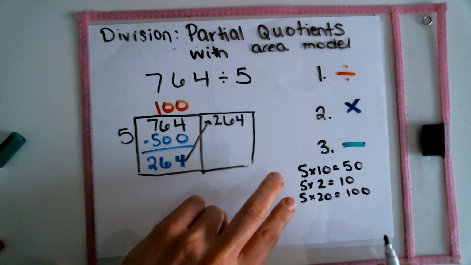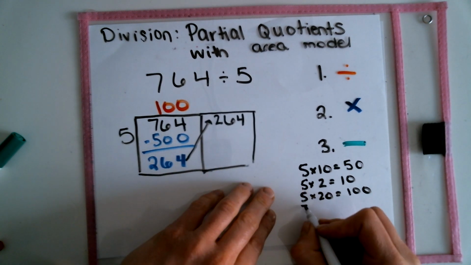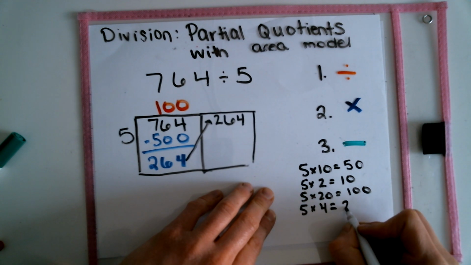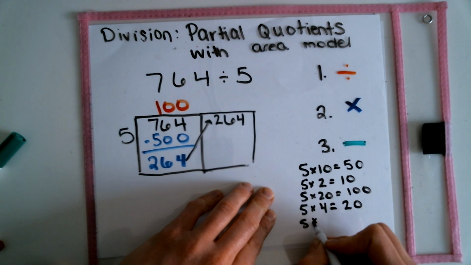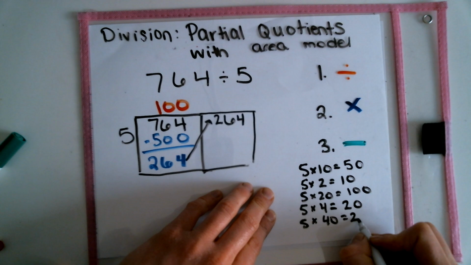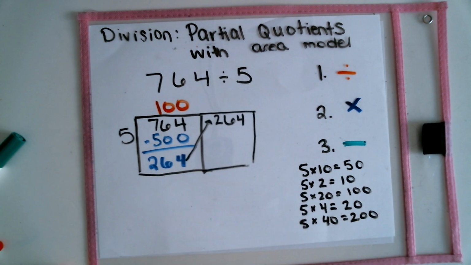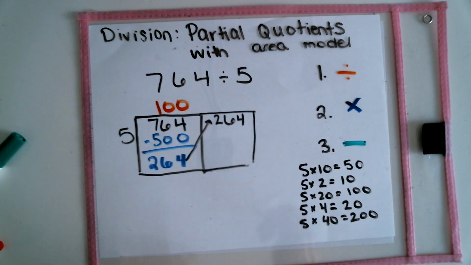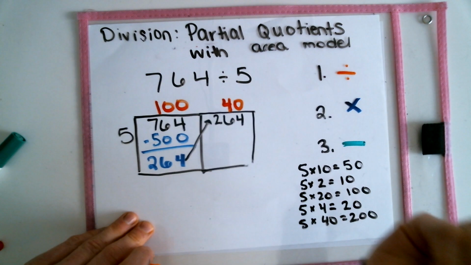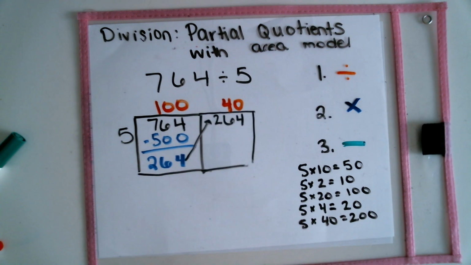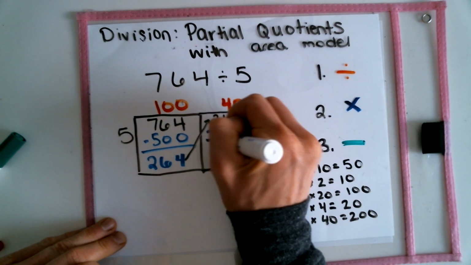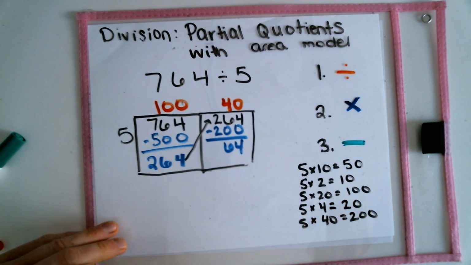If I do 5, 10, 15, 20, 5 times 4 is equal to 20. So 5 times 40 is equal to 200. I can pull out 40 groups. Let's pull out 40 groups. 5 times 40, we said, was 200, which leaves us with 64.